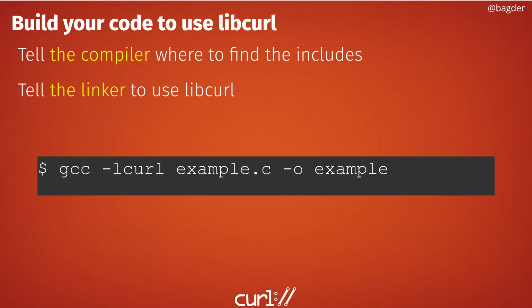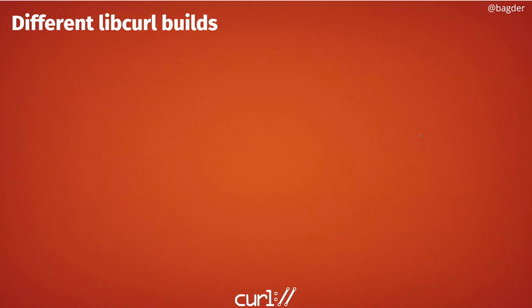The library is called curl because the lib is implied, right? So -l curl, the source code, and output, this creates a binary called example from the source code called example.c. So it's pretty straightforward. I'm not going to talk much more about how to build stuff because I imagine most of you already know how.